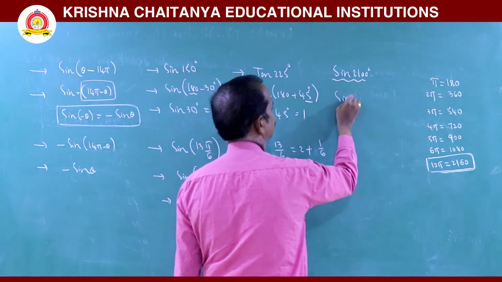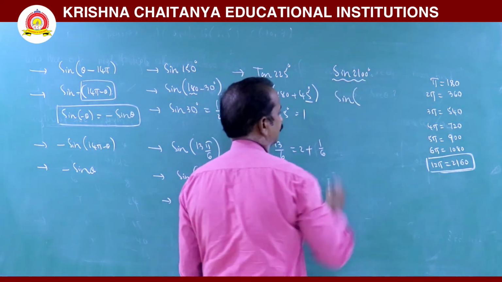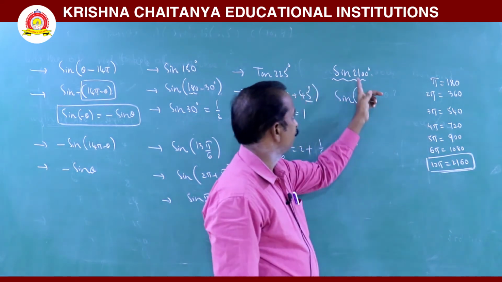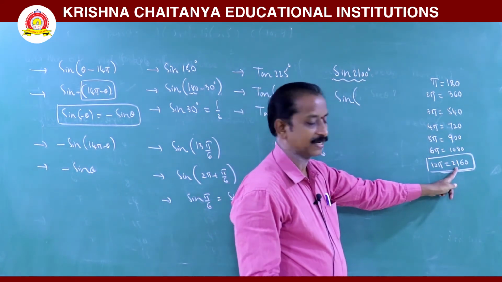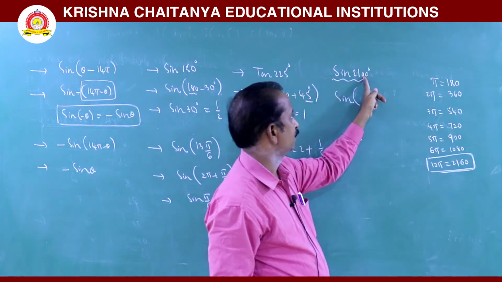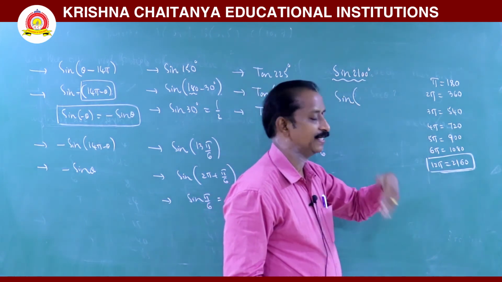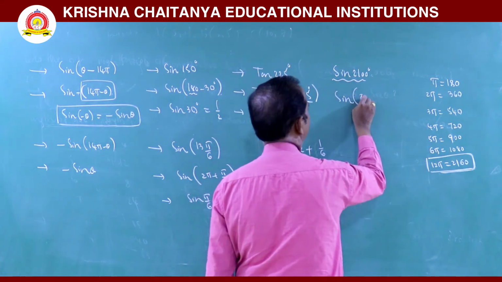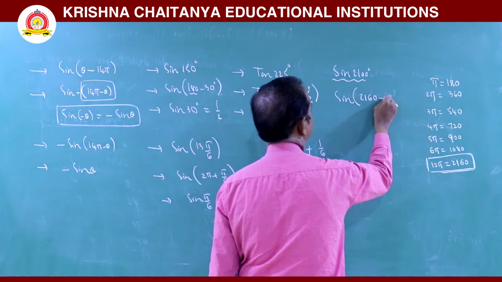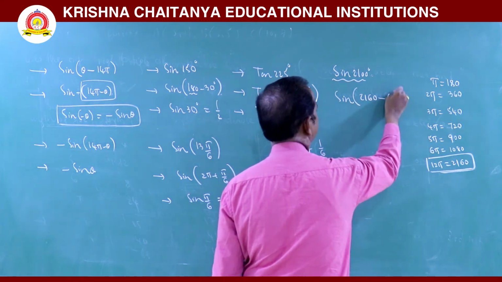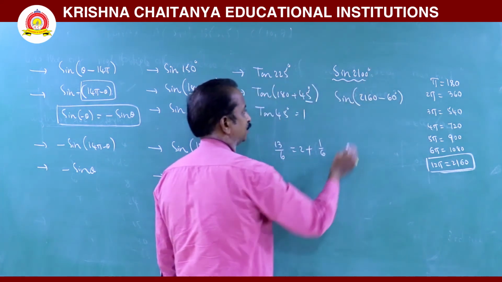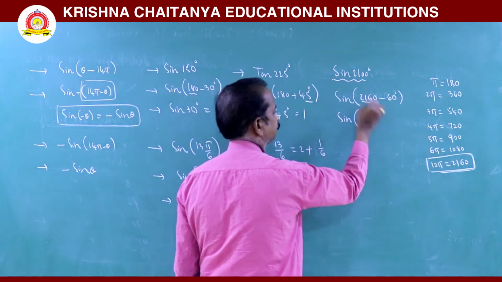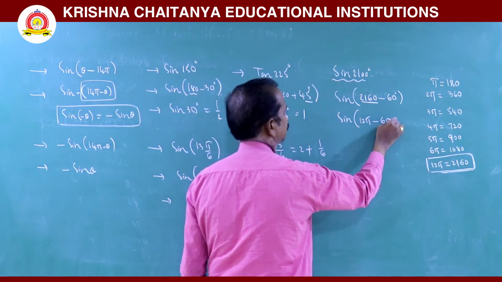So we can write sine of 2100 with reference to 2160, which is greater than 2100. How much greater? 60 degrees. So I can write 2160 minus 60 degrees, which is sine of 12 pi minus 60.